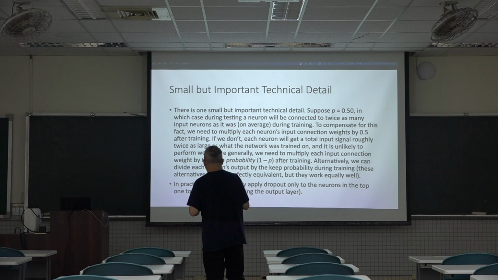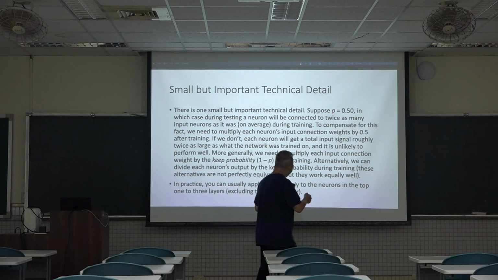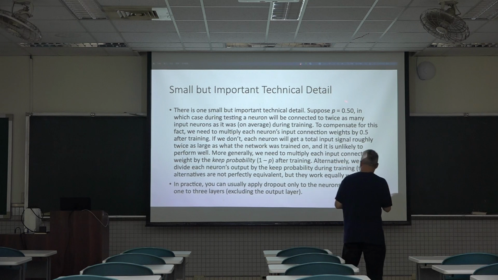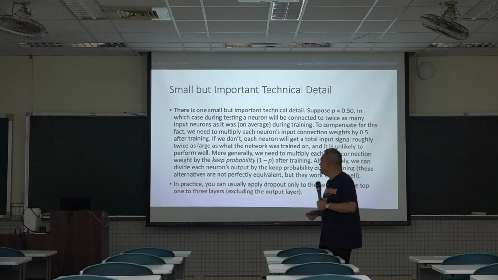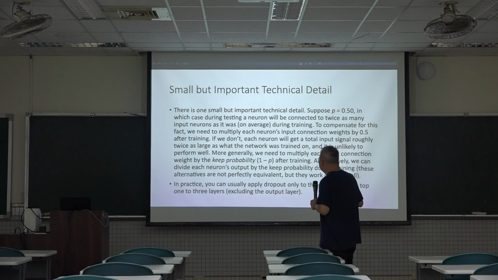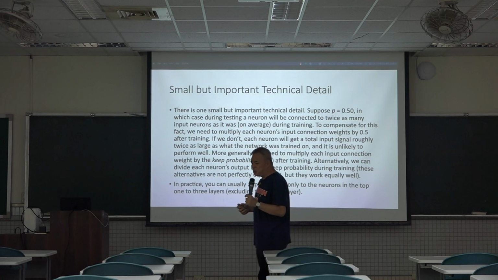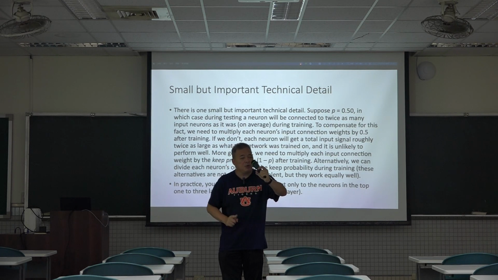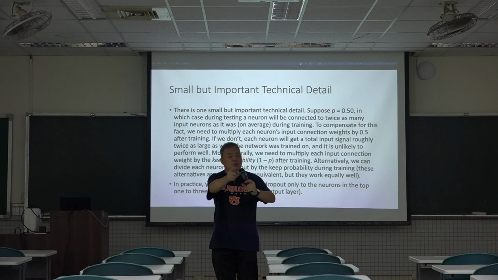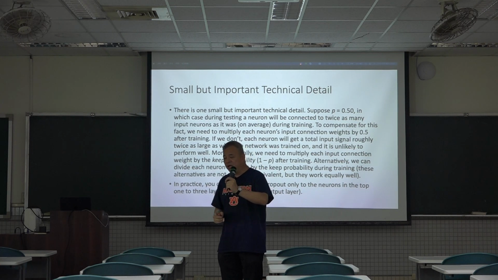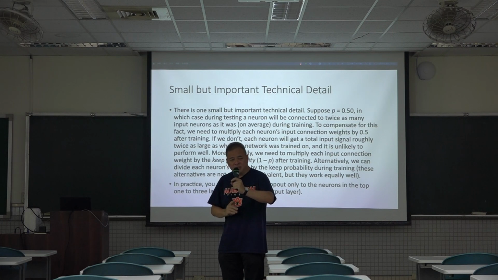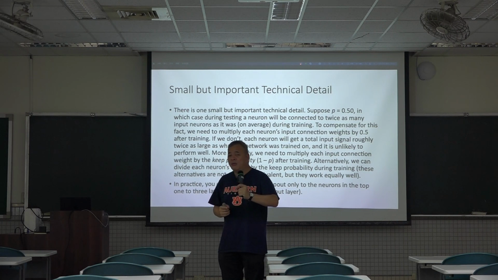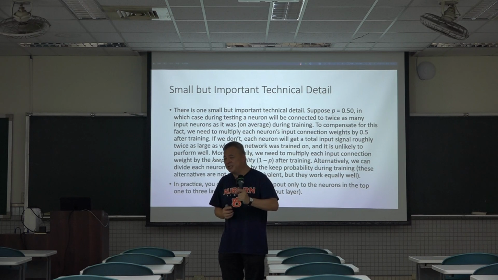Basically, if p is 0.5, if the dropout rate is 0.5, this means that during the training, assuming you are a neuron in a network, approximately half of the neurons that provide input to you will take 1 day off, right?